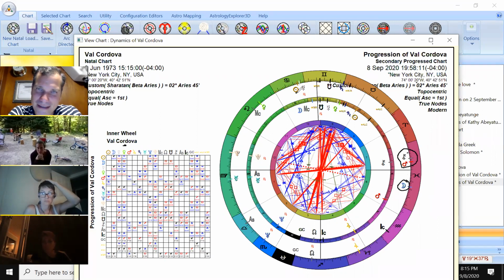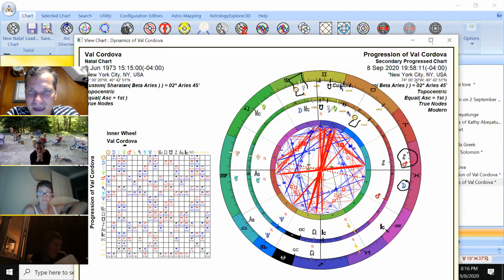So progressed, yeah, moon, and also sun. You want to see where that sun is. So Val was born with a Taurus sun. Now it's in Cancer, right? And it's conjunct Mercury. Her natal Mercury was in Gemini, the 9th house. Now it's in the 10th house. So it gathered knowledge, and now it's about to share it, right?